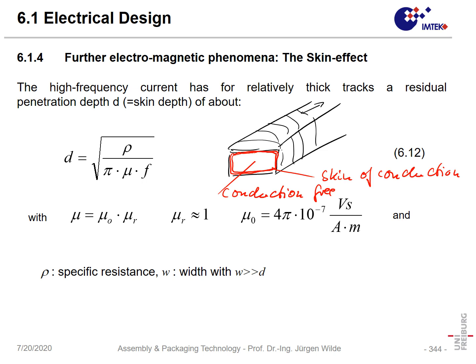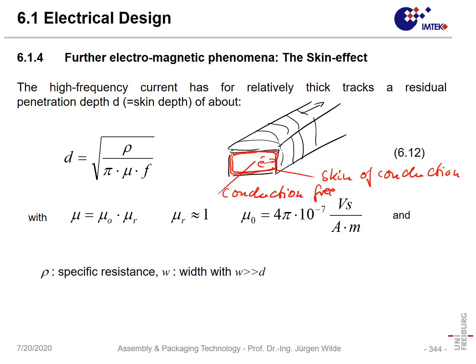That can be explained if we have a current here. We have eddy currents, and these eddy currents will make the carriers move out of the middle of that conductor.